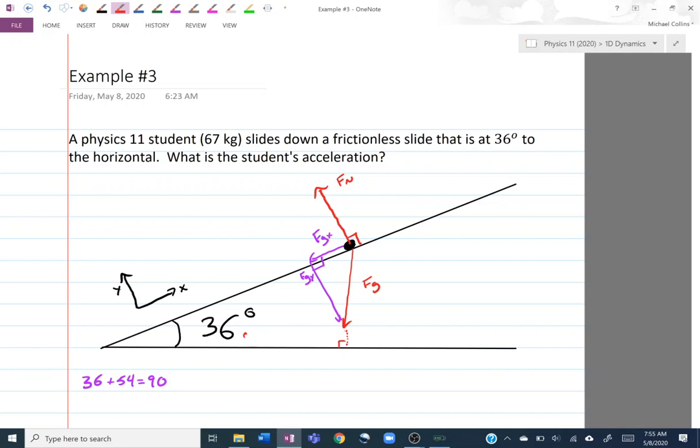So if this is 36 degrees, then the missing angle in my triangle is going to be 36 plus 54 is 90. Therefore, this angle is going to be 54 degrees. And now if I look at this triangle, which is also a right angle triangle, my missing angle down there has got to be 36 degrees.